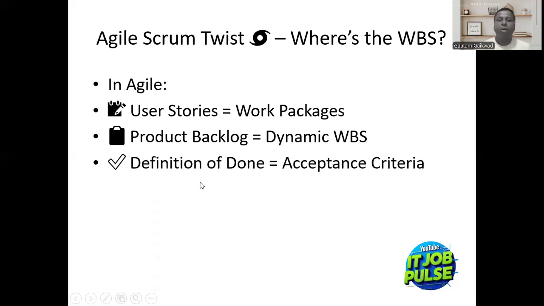So definition of done is equal to acceptance criteria. In Agile, we first begin with DOR, that is definition of ready, where the user story is written very well, and then we come to definition of done, which is nothing but the functionality or feature is developed, tested, and ready to be added to the production environment.